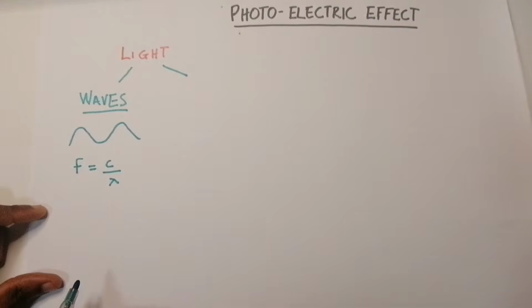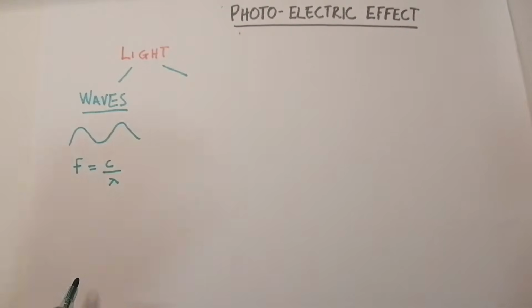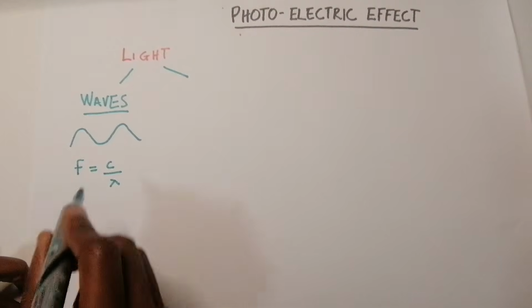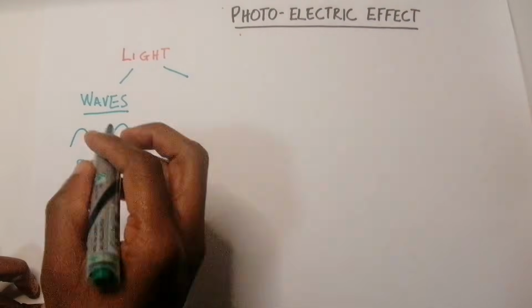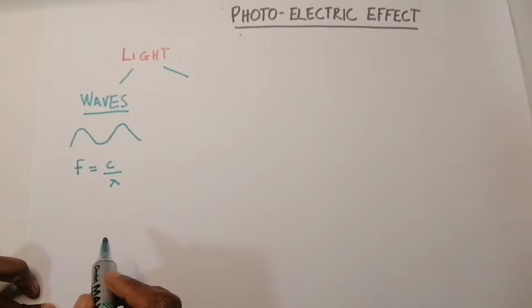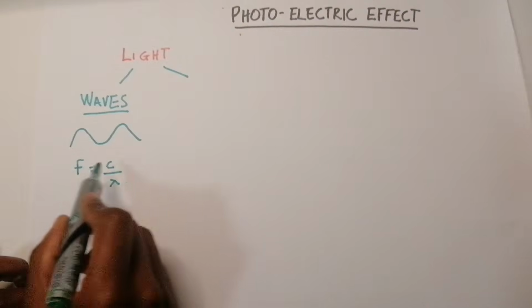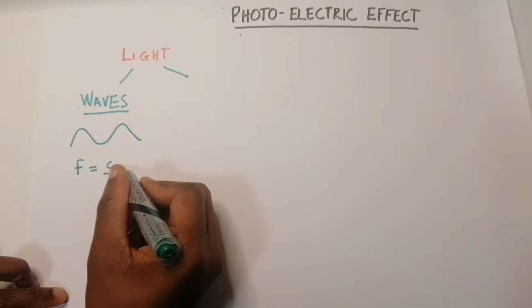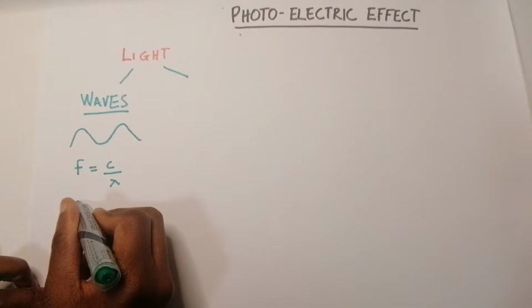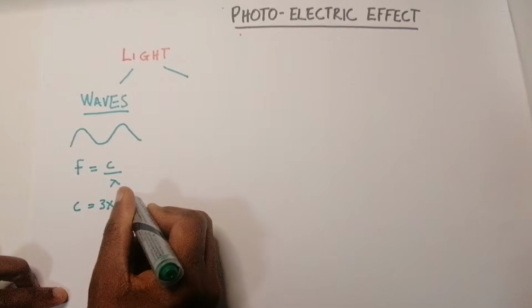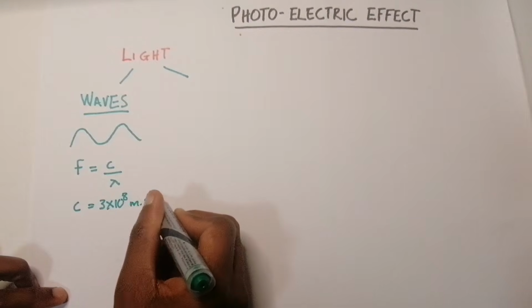If you remember in the Doppler effect, the speed had to do with the speed of sound in a medium. But this time we are not talking about sound, we are talking about light. So the speed here is now the speed of light in a vacuum, and that speed is 3 times 10 to the power 8 meters per second.